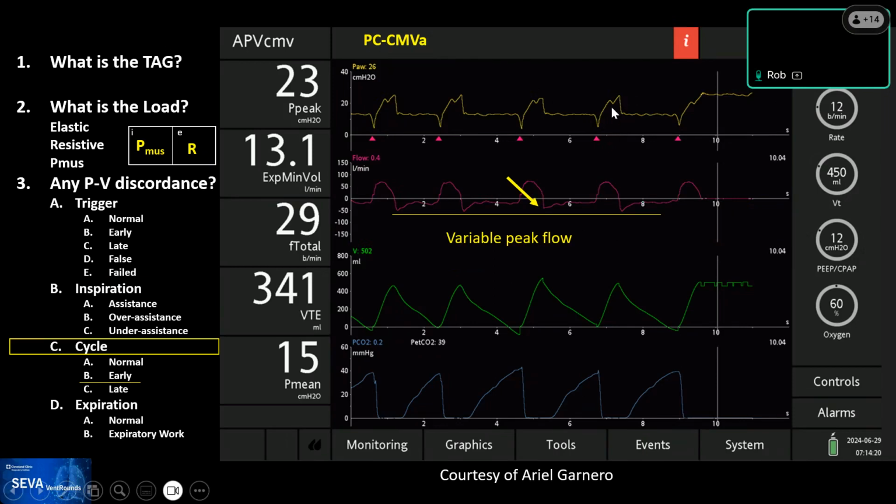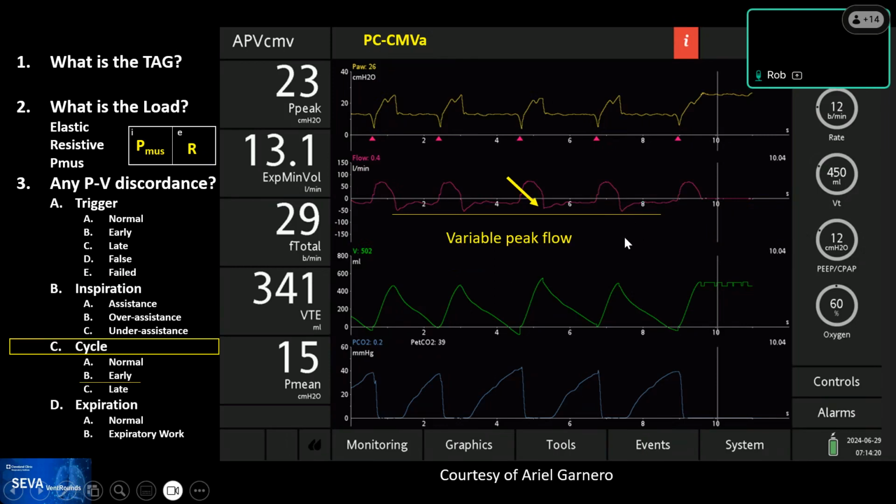Well, I think the pressure waveform goes down because there's an inspiratory effort, and then I think the PMUS starts to relax, and then the pressure starts to go up, but the PMUS is still positive. Even if the patient's relaxing, if you still have a positive PMUS, you're still going to have an inspiratory effort affecting the flow waveform, and I think that's what we're seeing here.